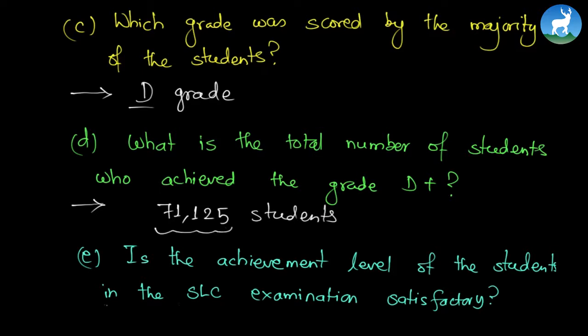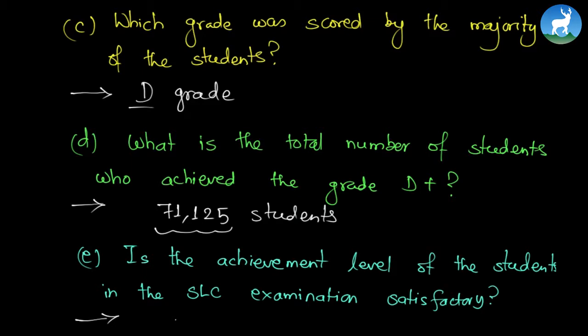Now we have come to the last question, that is, is the achievement level of the students in the SLC examination satisfactory? Why or why not? And this is a question that depends, and the answer depends upon your reasoning, your intellect, and so on and so forth. But also we are going to use and analyze the data, so we are going to answer from that perspective also. Going back to the pie chart and studying the data shows that this SLC result was not so excellent.